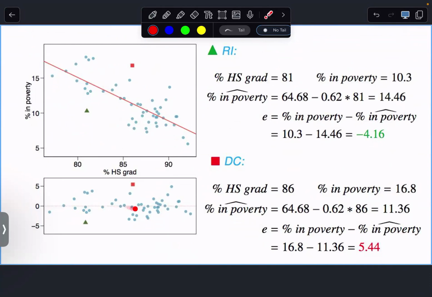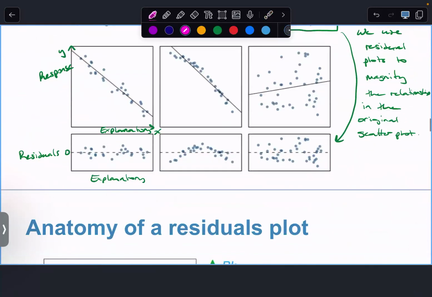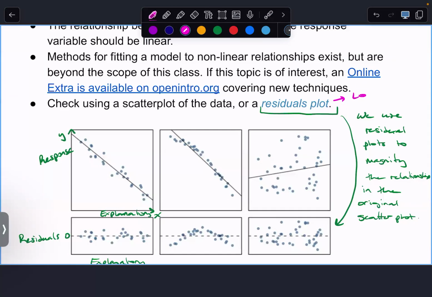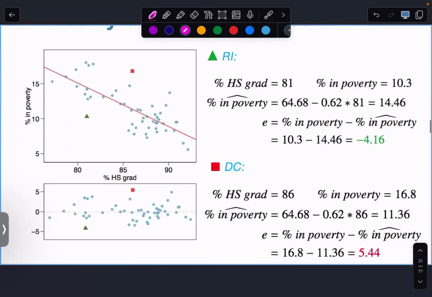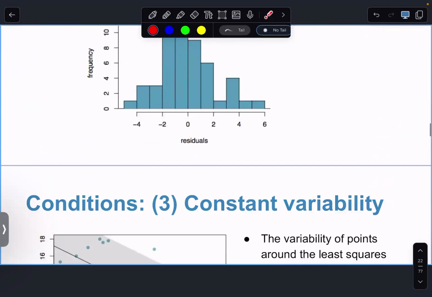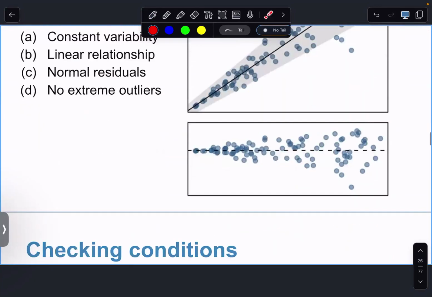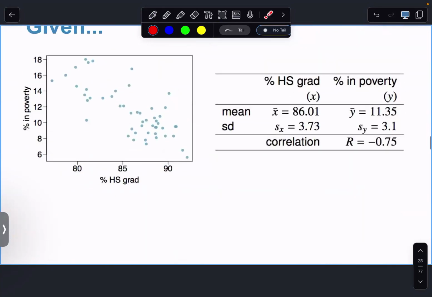And we're looking for random scatter around 0 in the residual plot. So we can make these residual plots, or I might give them to you. And I'm going to skip through here. It's just getting you to check the conditions.